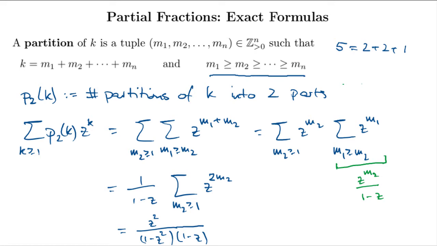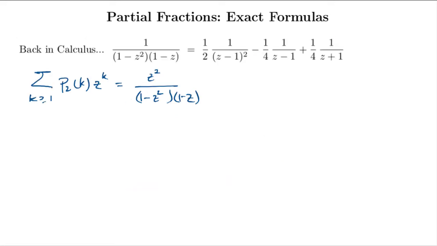Okay, so let's compute with this. Conveniently, I use exactly the partial fraction expansion of my calculus example. So I have an extra z squared here, but then I can use exactly this partial fraction expansion. And I will rewrite this just slightly.